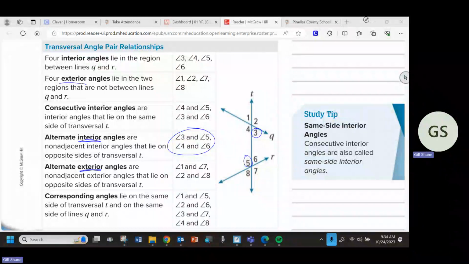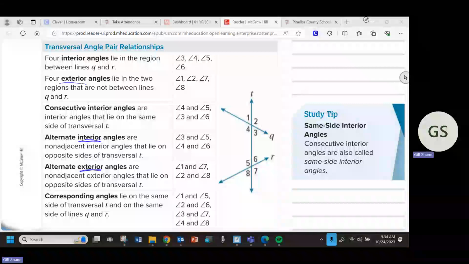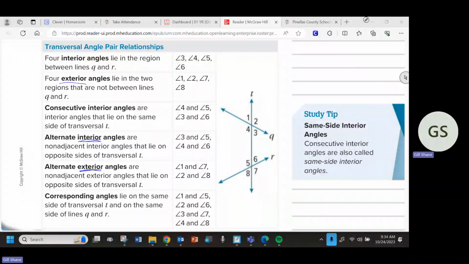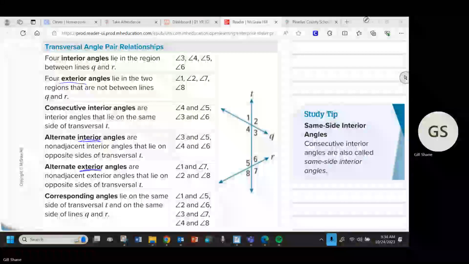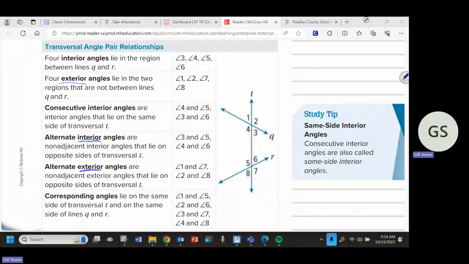And then corresponding is the only, I feel like, only slightly tricky one because there's nothing that really, at least not to me, there's nothing that matches with the name as to where the angles are. One of them is interior, one of them is exterior. So they'll never both be interior. So again, 5 and 1 would be corresponding.